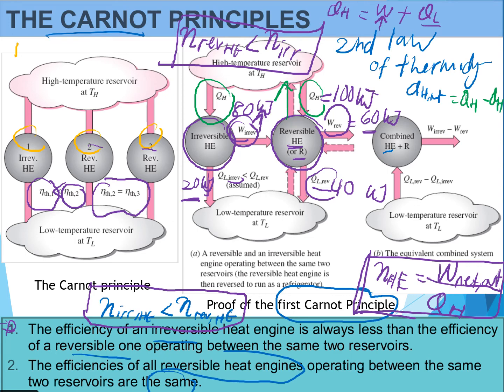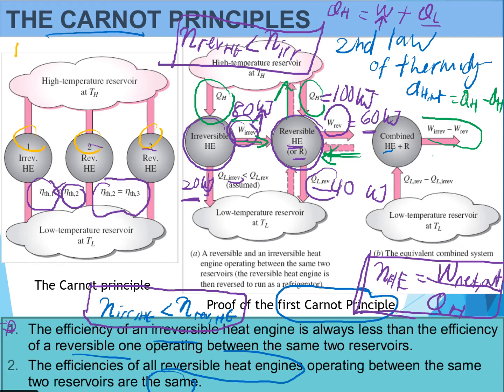And then what is W net out? You have W net out here, which is W irreversible minus W reversible, because for the heat engine you have W out, and for the refrigerator you have W in.